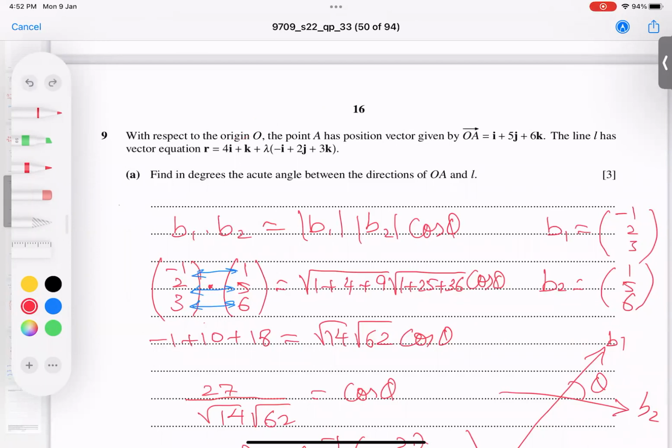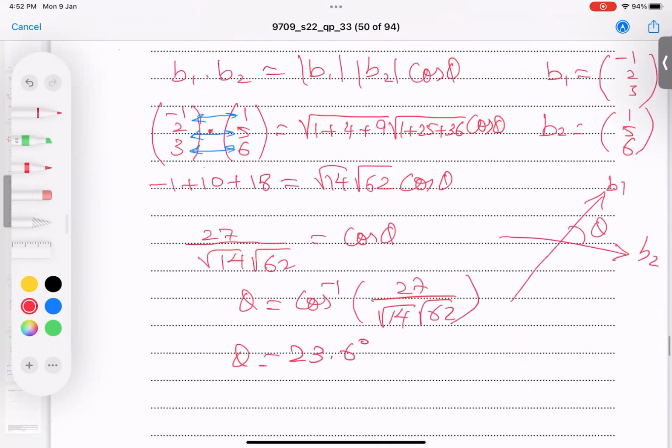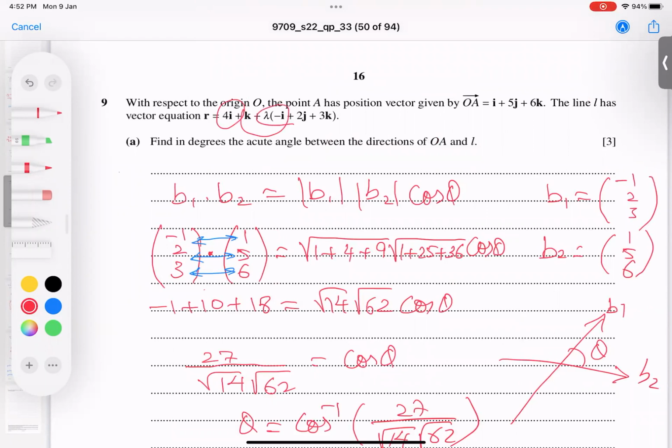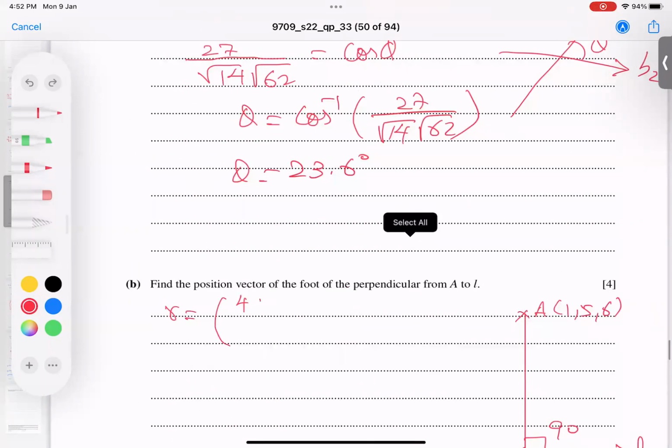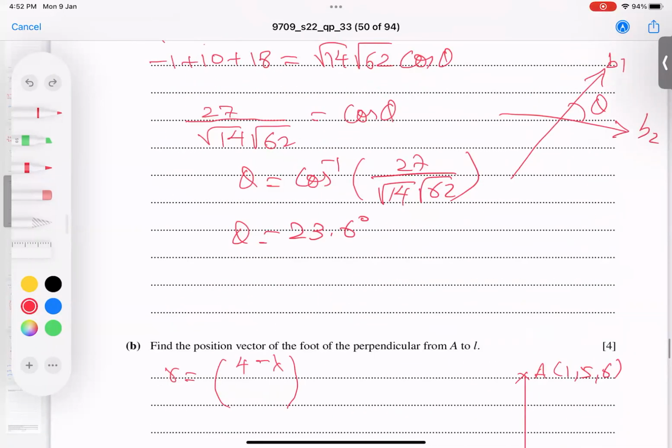So r equals 4 minus lambda, this is the i component. Let's talk about the j component. There is no j here, so 0 plus 2 lambda, this is the j component.